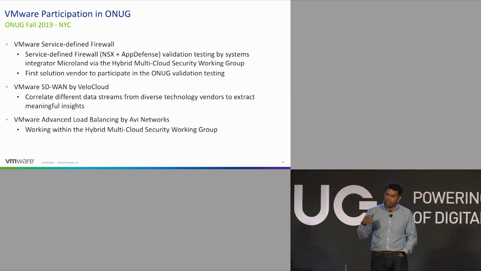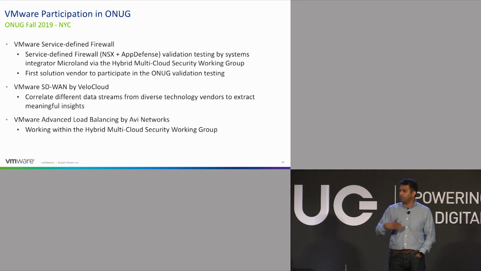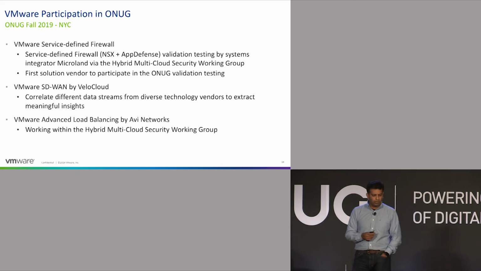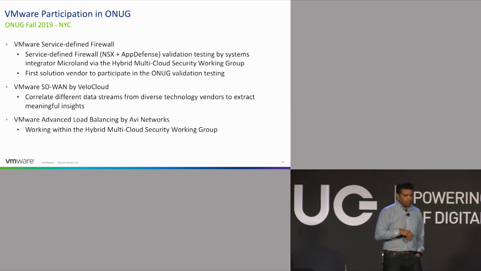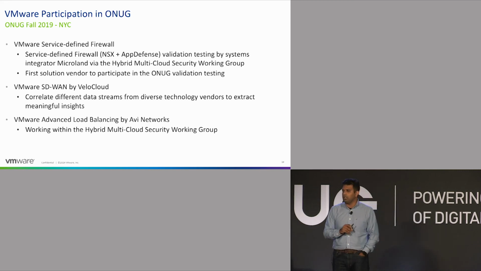We are working with the AIOps work group. The idea is we collect data into an S3 bucket. This could be from any vendor, and then we use the data to give better visibility and better insight into what is going on within the network. And on the load balancing side, with the recent acquisition of Avi Networks, they are also working on the hybrid multi-cloud security working group.